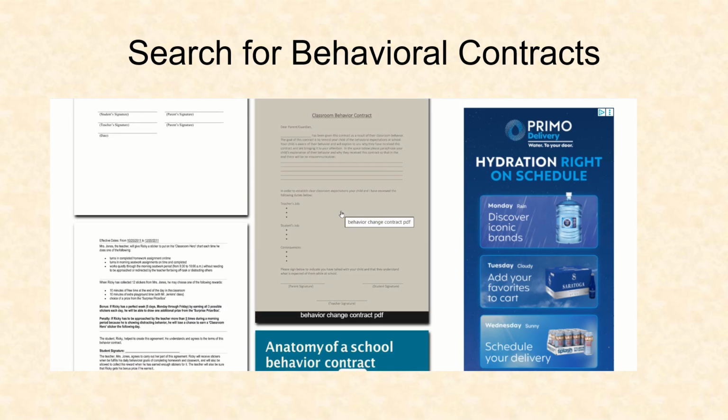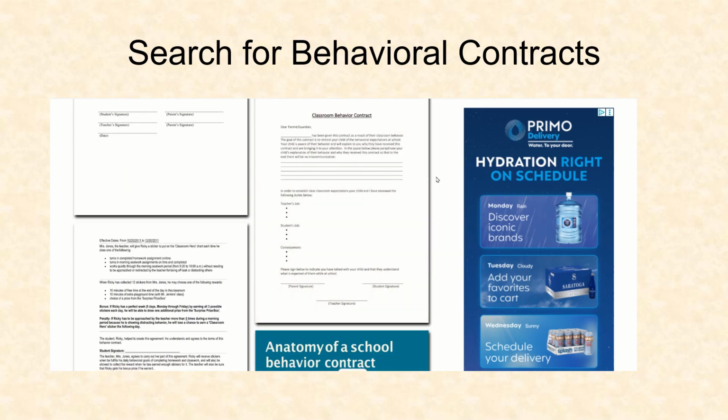Here's an example where you can see a similar situation, but specifying now the teacher's job, the student's expectations, and what we expect of the student, I should say, and the consequences. But remember, you can also include some positives, some rewards if the student is making positive progress.